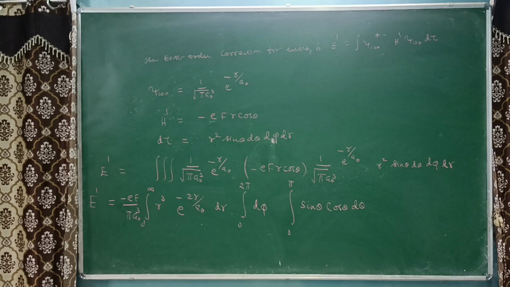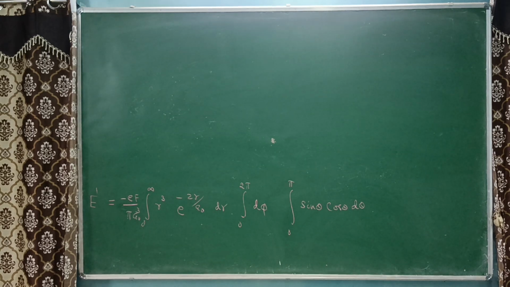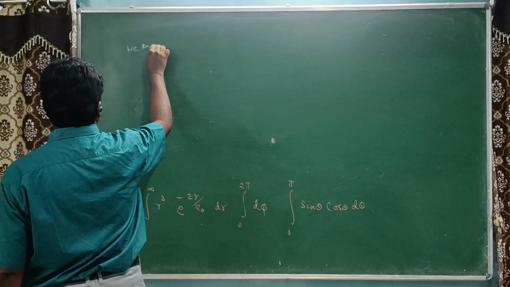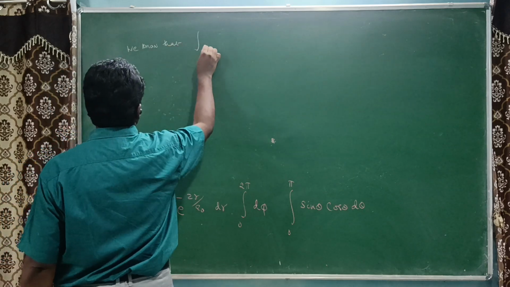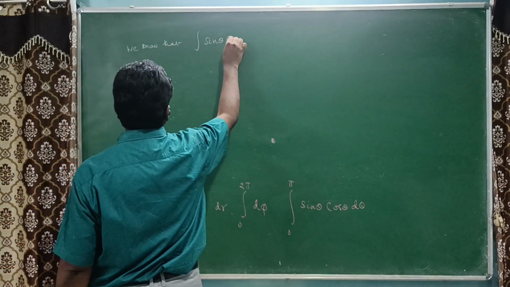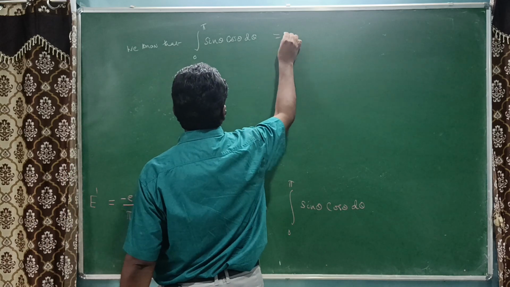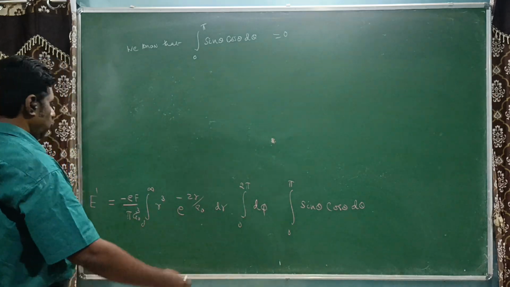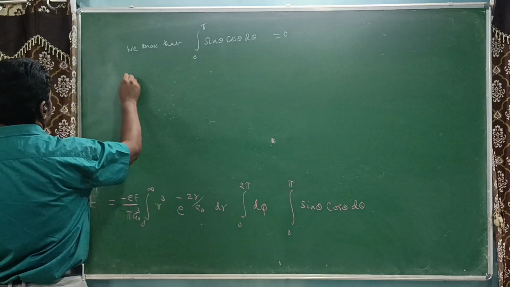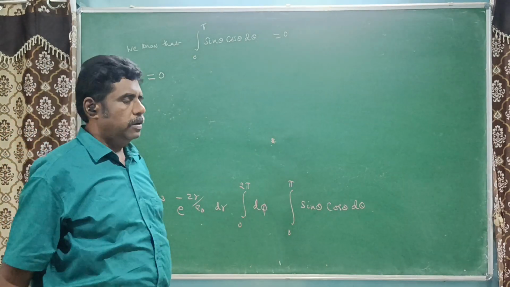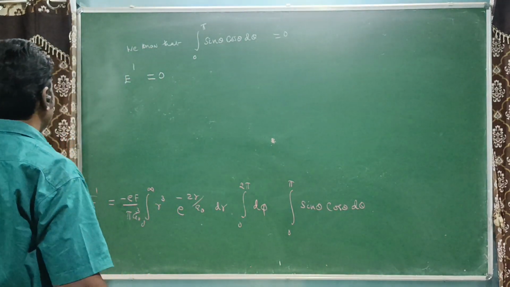We know that the value of the integral of sin theta cos theta d theta, limit varying from 0 to pi, is equal to 0. So substitute this integral equal to 0, the entire thing vanishes. Therefore, E1 equal to 0. First order correction is equal to 0.